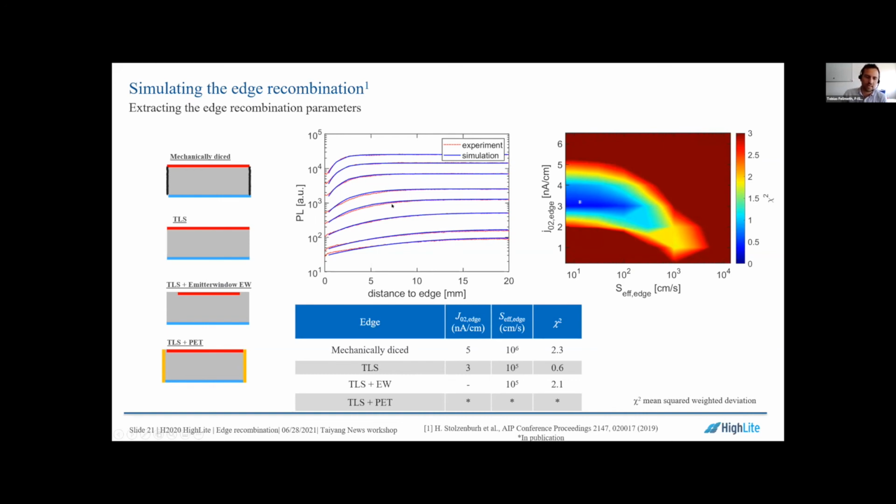And we see that it very nicely fits all the PL signals we measured, and then we can characterize all the edges we have, and we can see that the mechanically diced edge has the most severe parameters, and then by TLS cutting the cells, the J02 and S effective is reduced, and then of course by switching off the space charge region recombination by introducing an emitter window, we can reduce the edge recombination further.